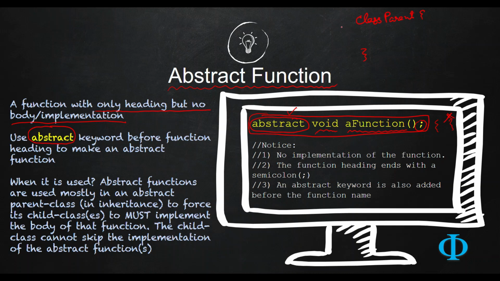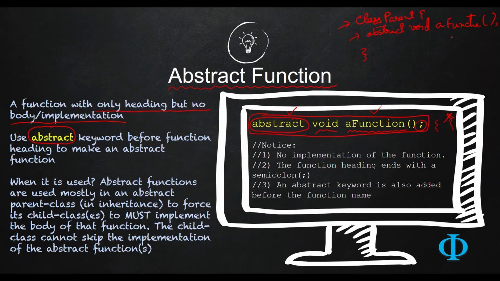Let us say inside this parent class, you have an abstract function, which is like this: abstract void a. So here it is a function, and that's it, and a semicolon. So this function is an abstract function, has the abstract keyword and no implementation.